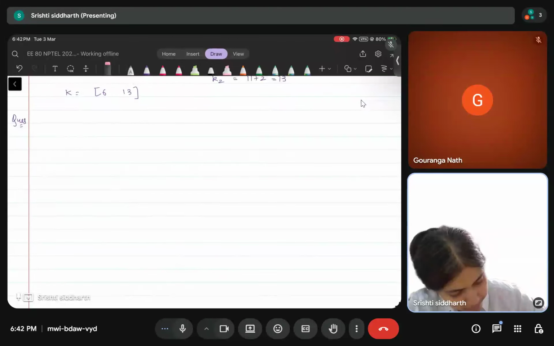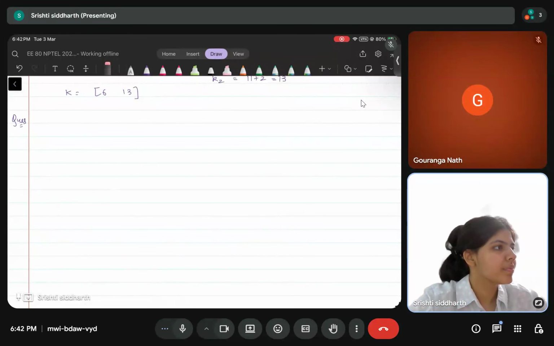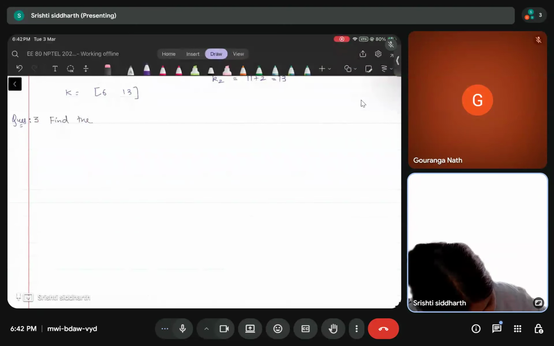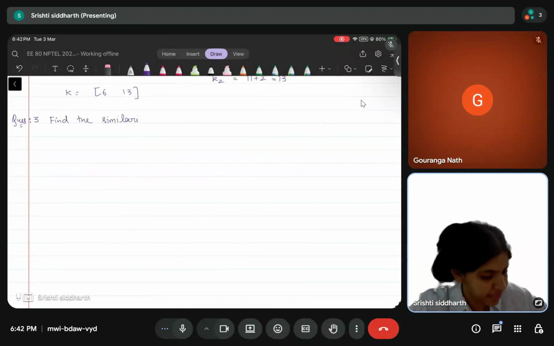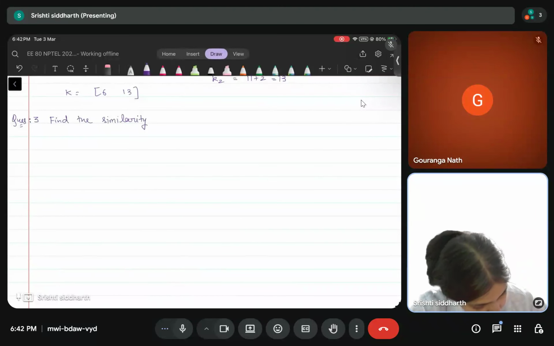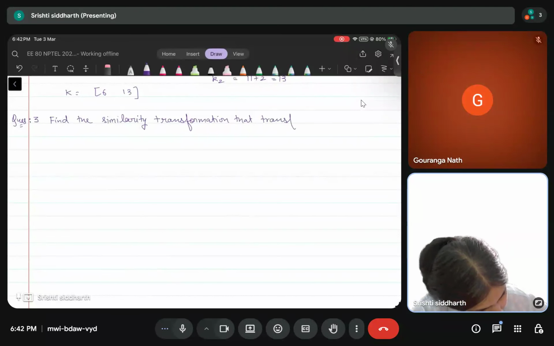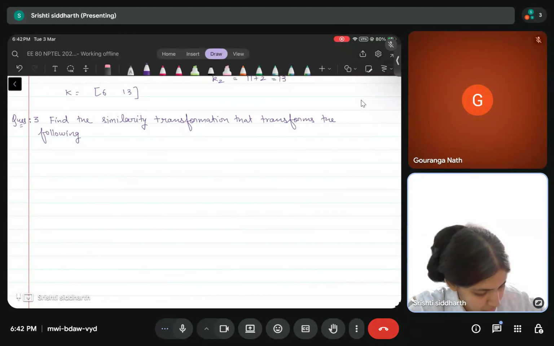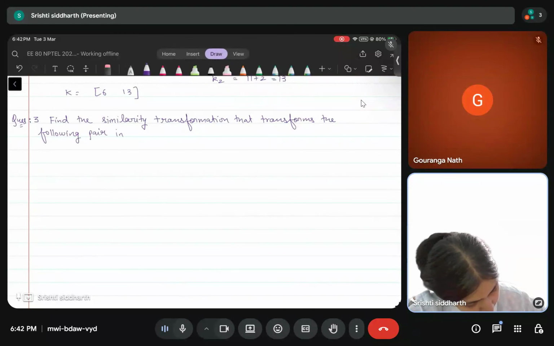This is question 3. Do the first companion form.